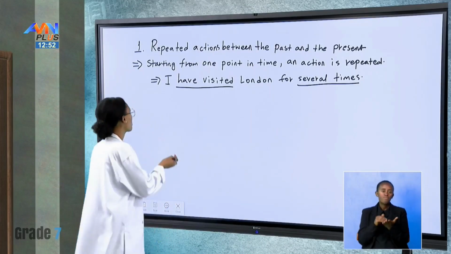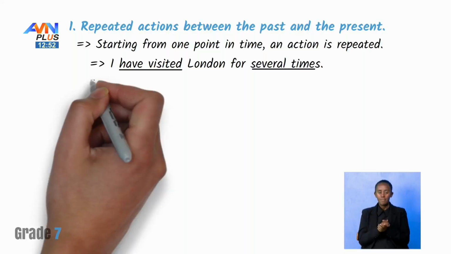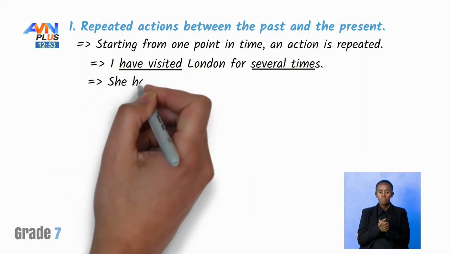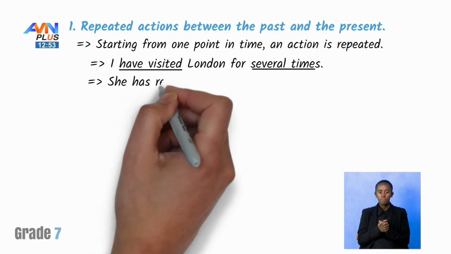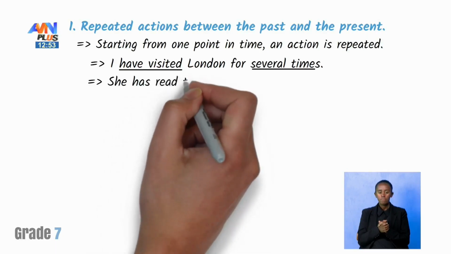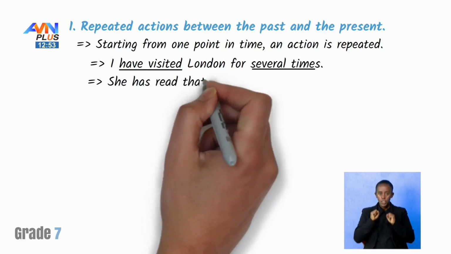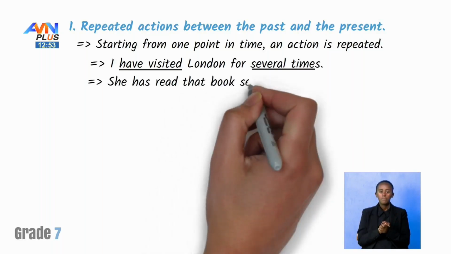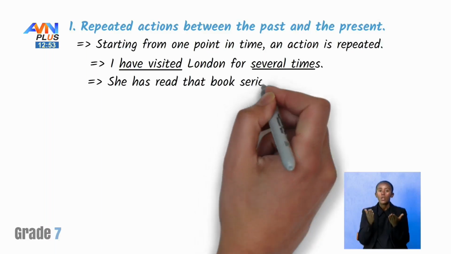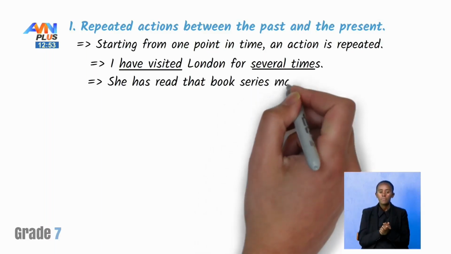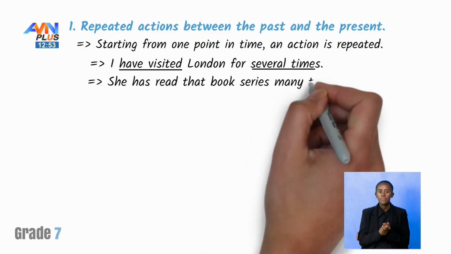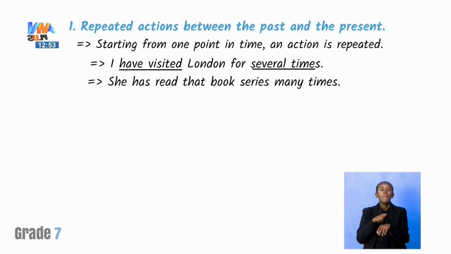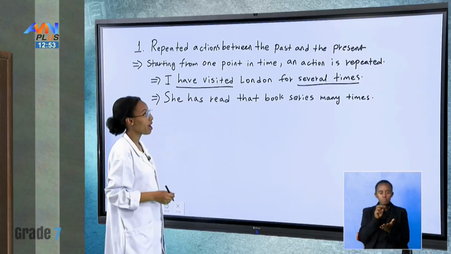Another example. She has read that book series many times. Again, here, if you see, we have a repetition of actions, right?